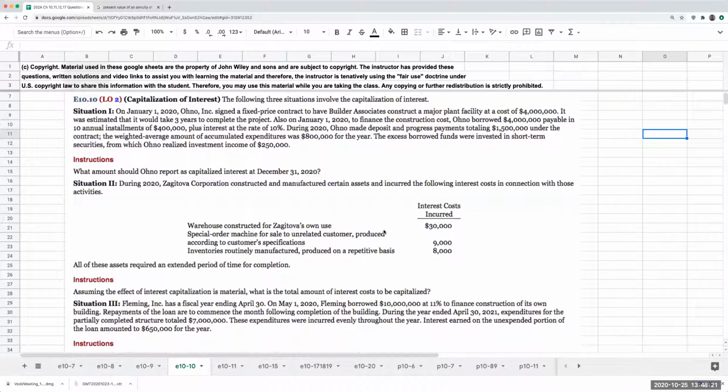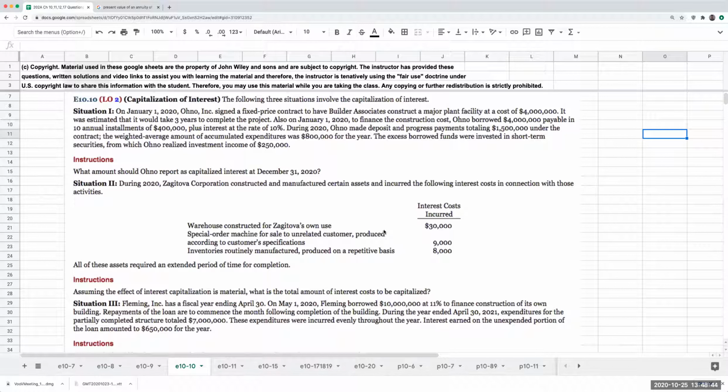During 2020, Ono made deposit and progress payments totaling $1.5 million under the contract. The weighted average amount of accumulated expenditures was $800,000 for the year. The excess borrowed funds were invested in short-term securities, from which Ono realized investment income of $250,000. What amount should Ono report as capitalized interest during 2020?